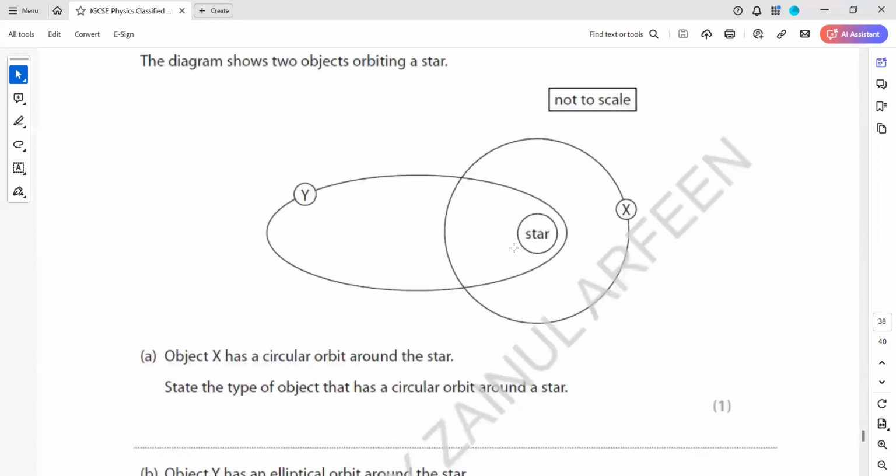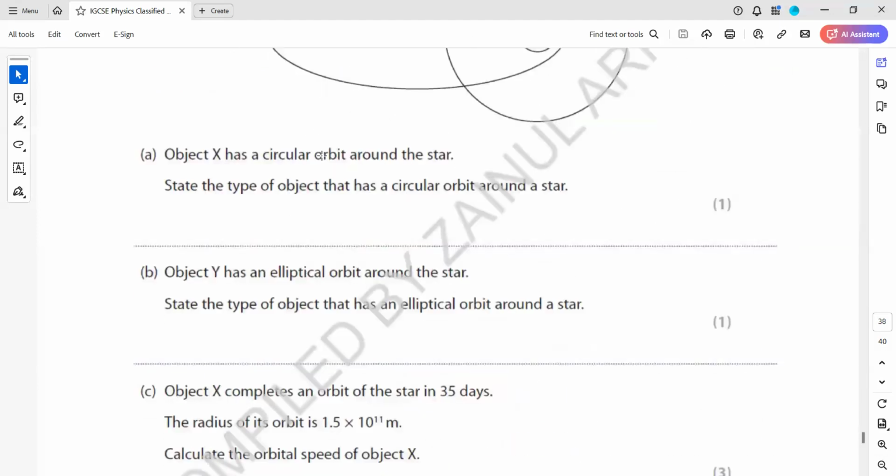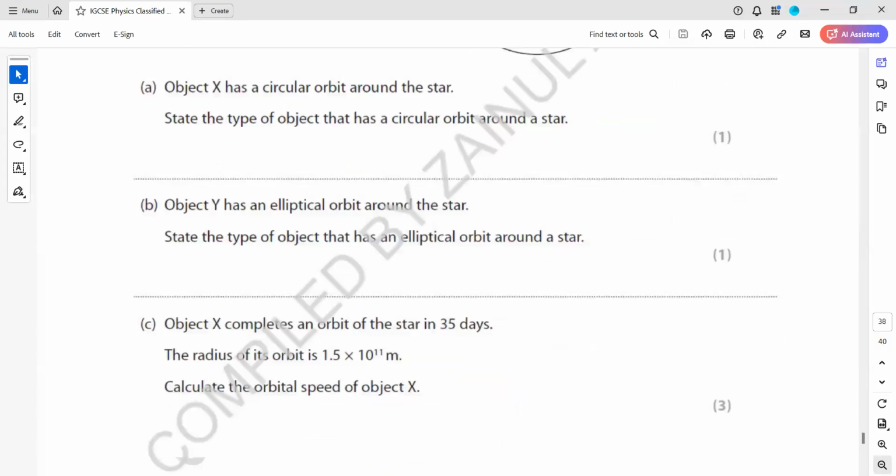Then the diagram shows two objects. Object X has a circular orbit around the star. State the type of object that has a circular orbit: planets. Then object Y is elliptical, so the type of object is a comet.